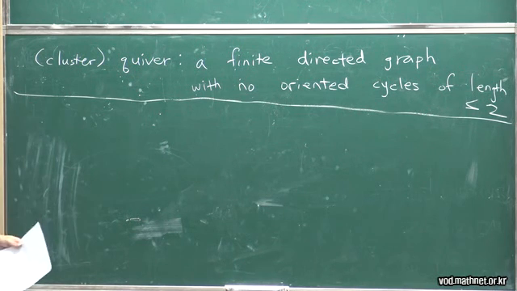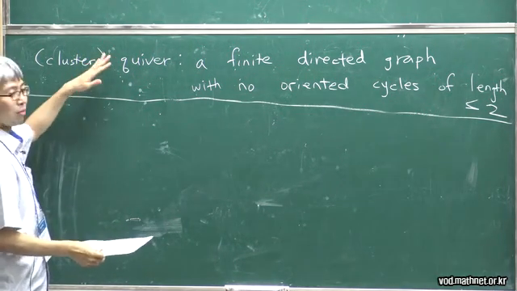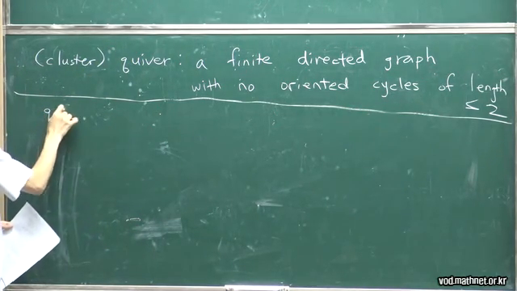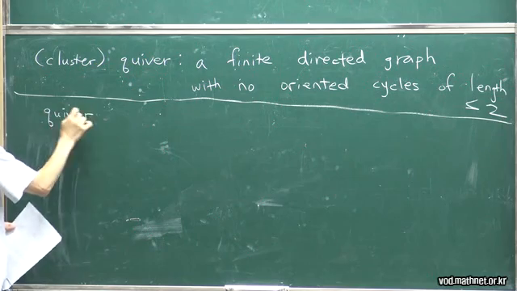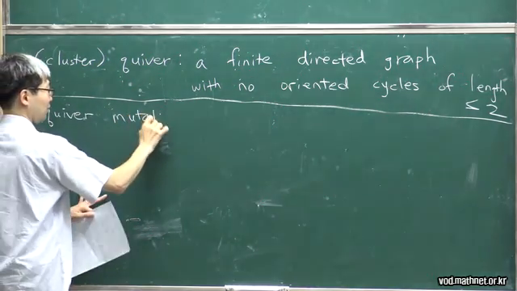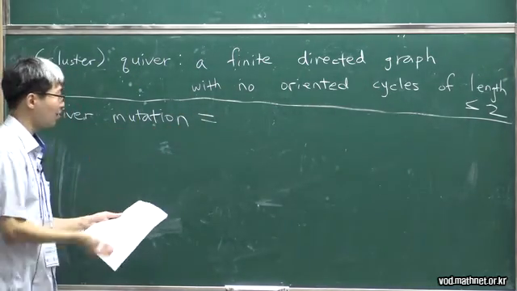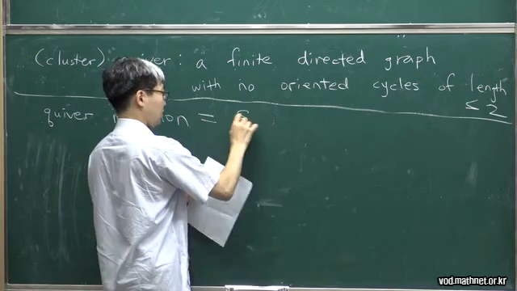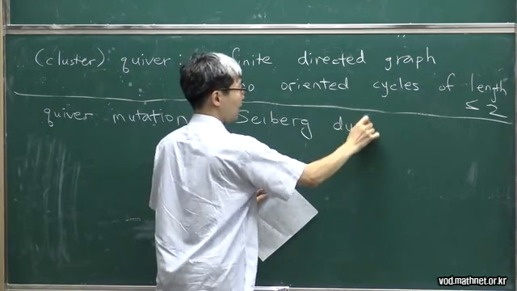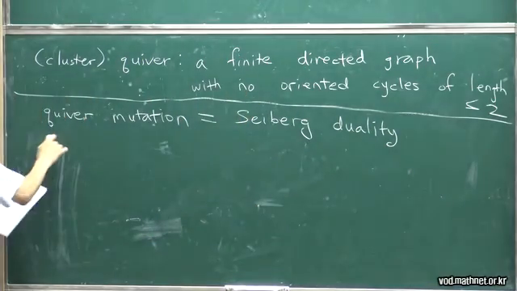And I want to introduce an operation which transforms the quiver into a new quiver. In mathematics, it is called the quiver mutation. But actually, this was invented by physicists. Originally in physics it was called the Seiberg duality.